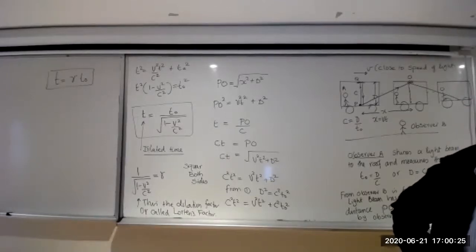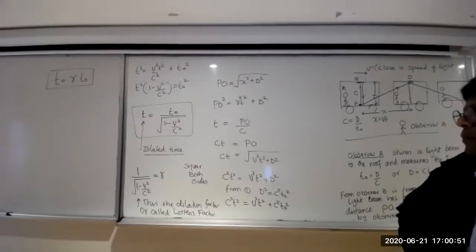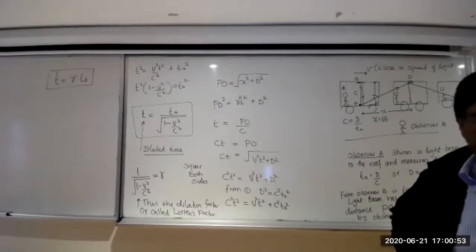Is that clear what was written here, guys? Vidura? Manik? Yeah. So dilated time is always longer. It's called the Lorentz factor.